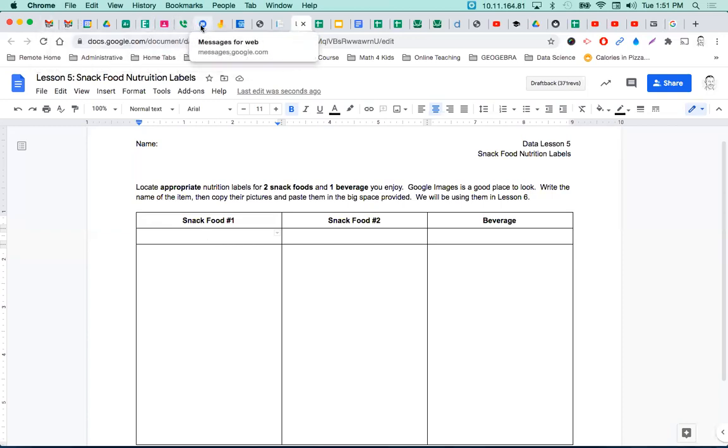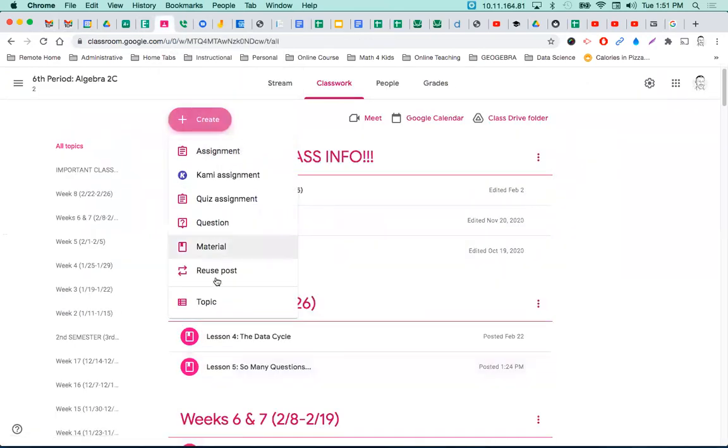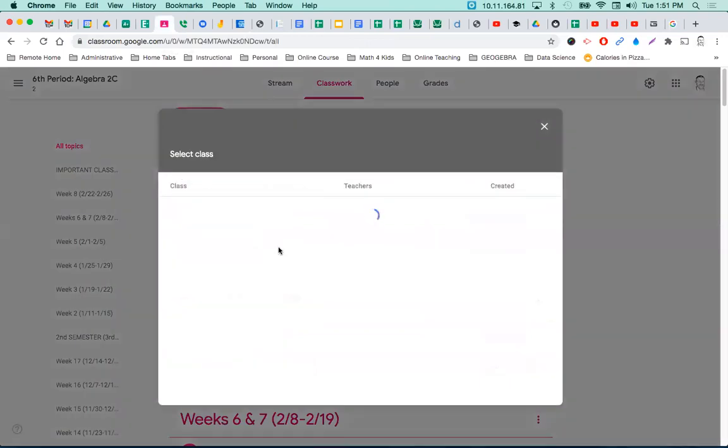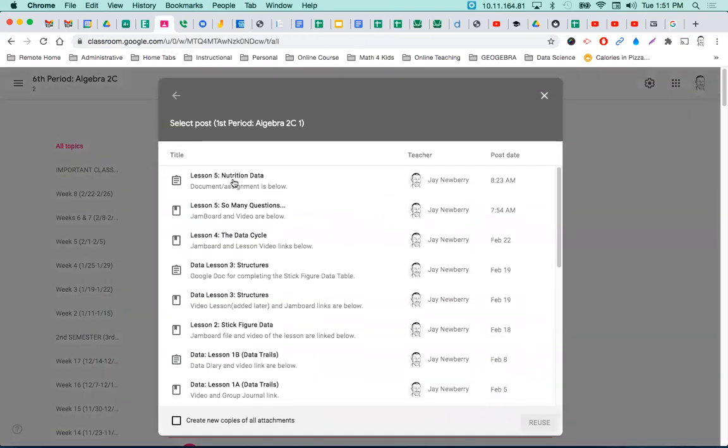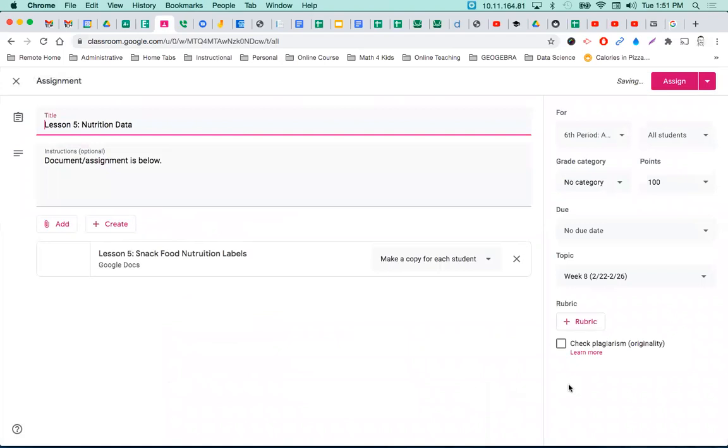All right, let me get that posted here for you guys. It's called Lesson 5, Nutrition Data. You might be able to get it done before you leave. If you don't, finish it before we meet on Monday.